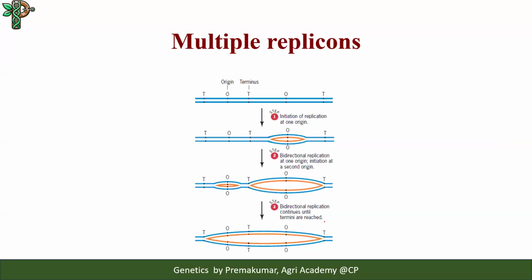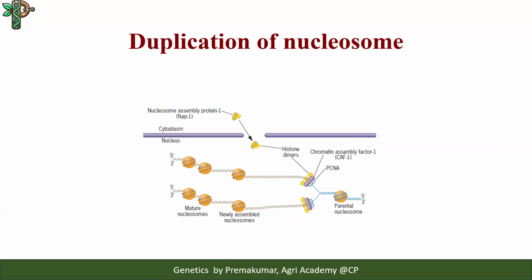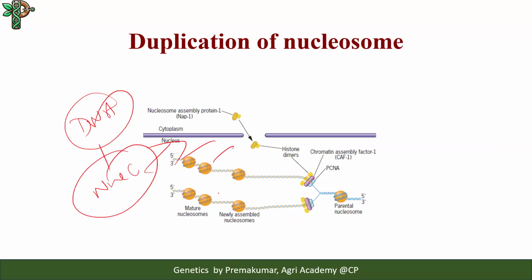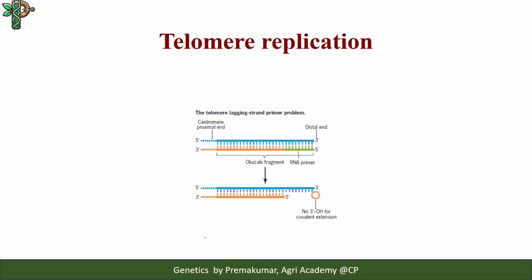We will see how this happens in the next slide. As said, eukaryotes have multiple replicons with multiple origins, where replication forks will be. Another difference is that DNA is packed in nucleosomes in eukaryotes, so along with DNA replication, you should also replicate your nucleosomes.